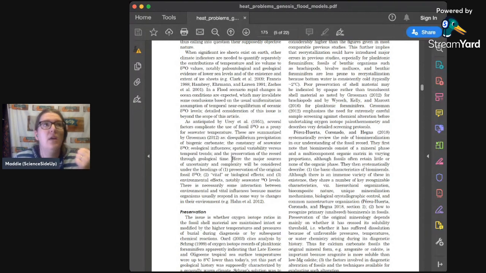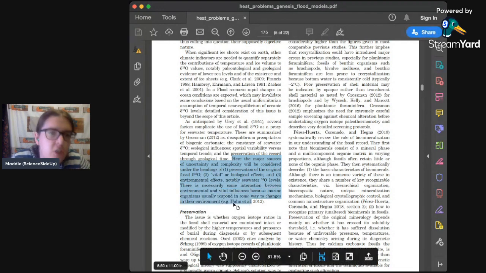Absolutely, you should understand what type of uncertainty each data set brings in, but if you're waiting for a perfect data set, then you'll never do science. Anyway, here are the major sources of uncertainty and complexity that will be considered. He's going to address all those other issues as we move forward in the paper.